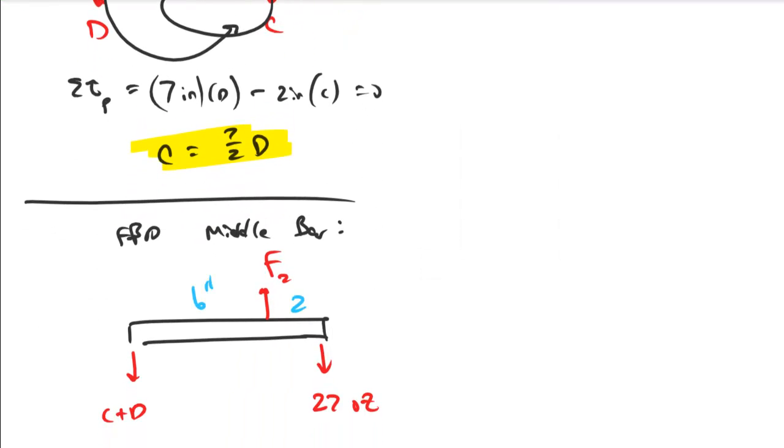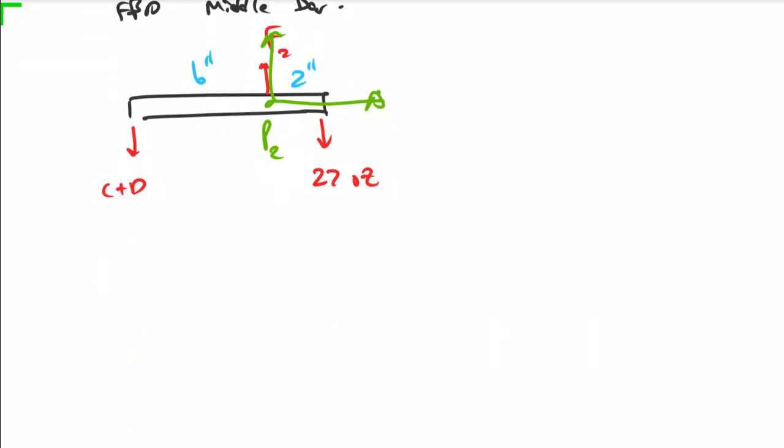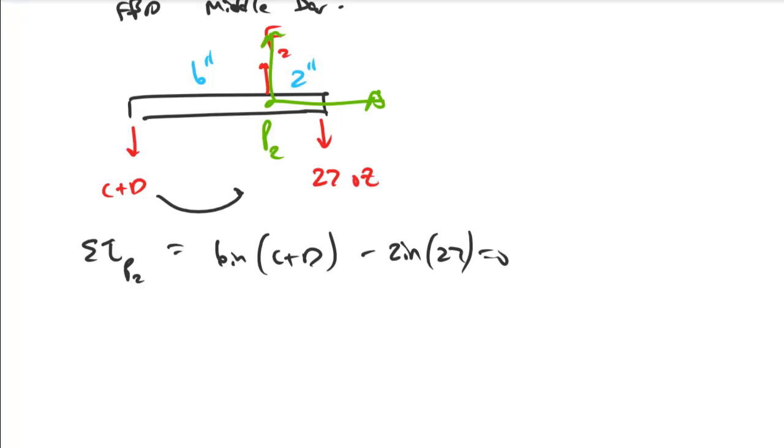6 inches, 2 inches, and let's do the sum of the torques around this other point, which I could call point P, but just for clarity, I'll call it point 2, P2. So sum of the torques around P2. Again, we have counterclockwise with the C plus D, so we have 6 inches times C plus D minus 2 inches times 27 equals 0, right?